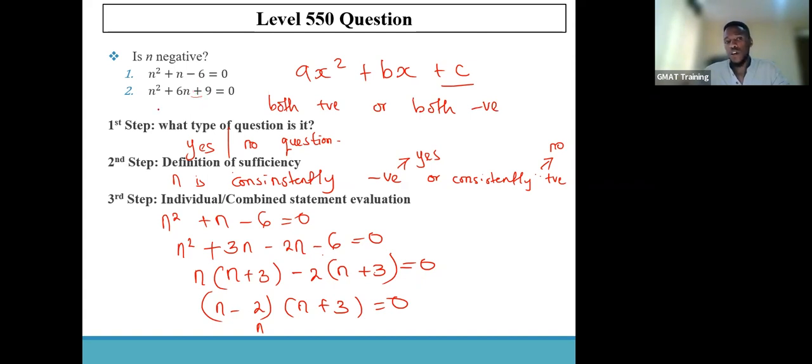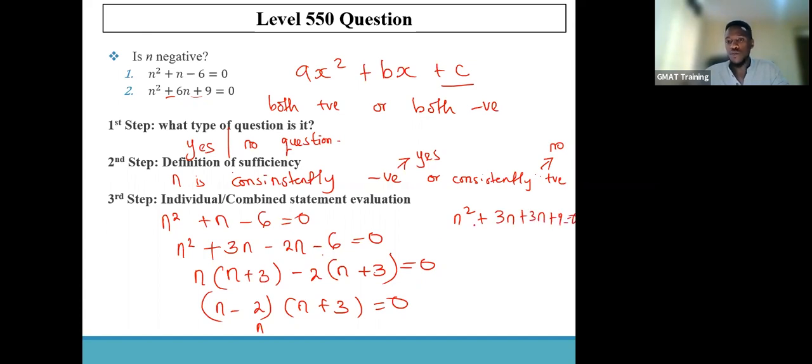And if we have a positive value here, it tells us that the values of n are going to be both negative, because we can confirm that by saying n squared, the two values which when multiplied give us 9 and when added give us 6 would be 3 and 3. So n squared plus 3n plus 3n plus 9 equal to 0.